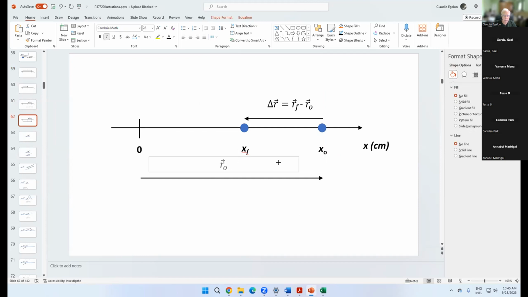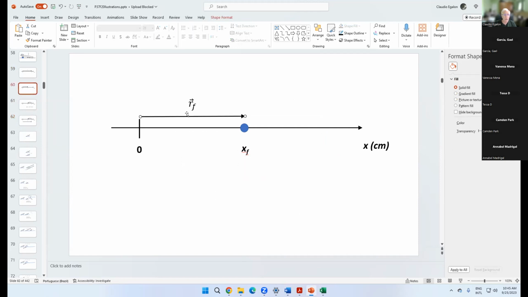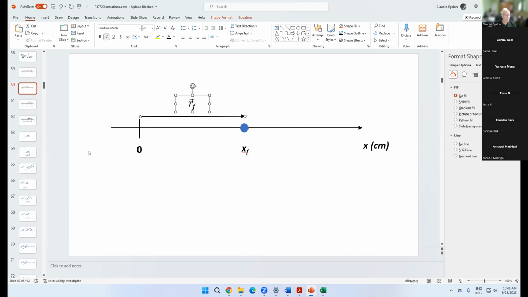Okay, here we go. Initial position vector, final position vector.